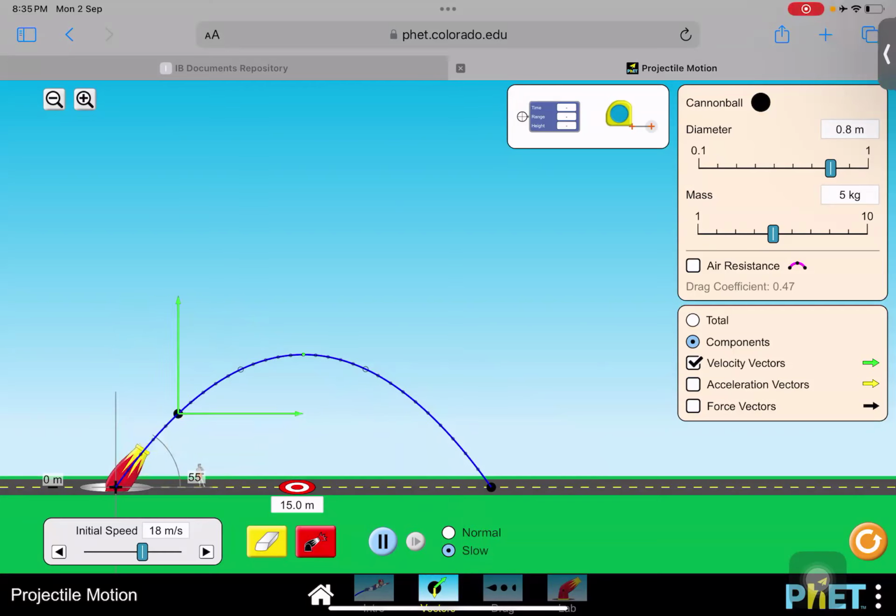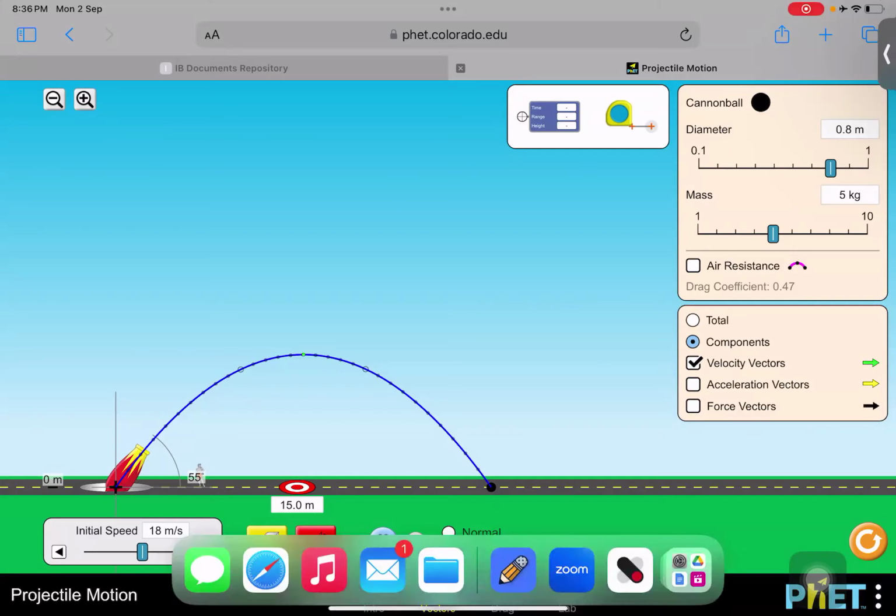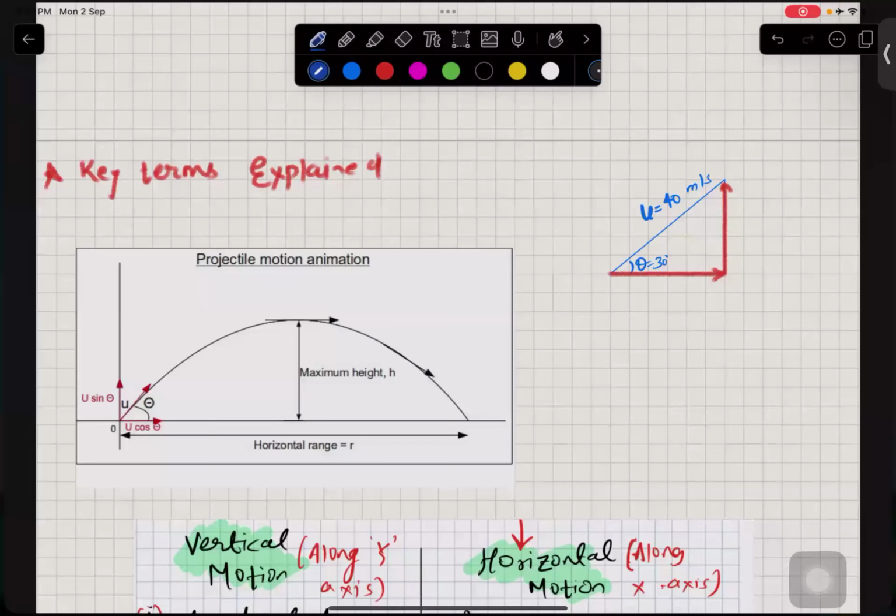The vertical velocity is reducing because gravity is pulling it down, and the horizontal velocity stays constant. To find the max height, time of flight and range, we always split this velocity vector into its vertical component and its horizontal component.